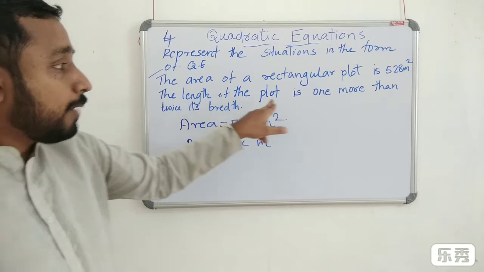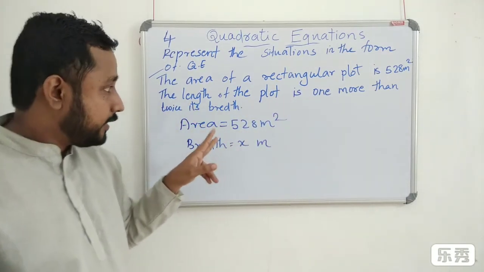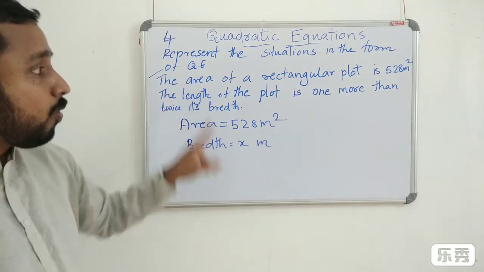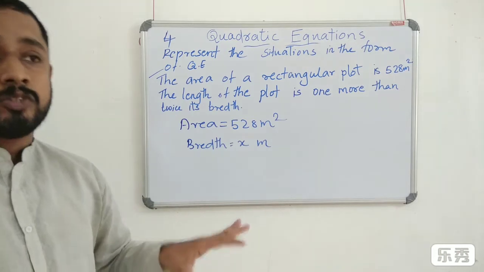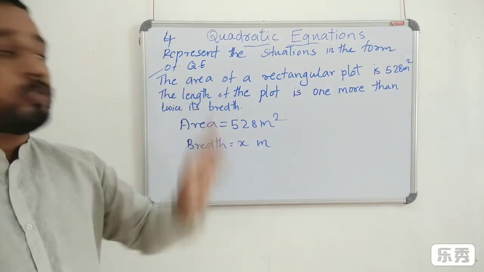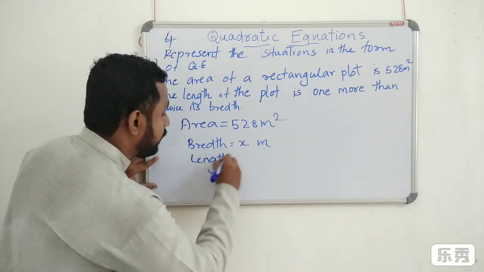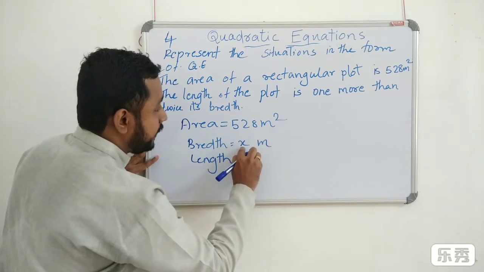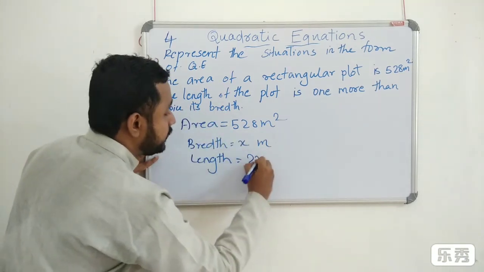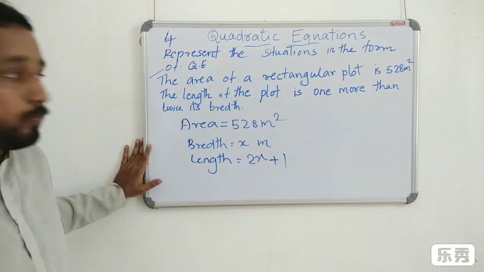The length of the plot is 1 more than twice its breadth, that is, length is equal to 1 plus twice its breadth. Breadth is x, twice the breadth means 2x, plus 1. That is, length is equal to 2x plus 1.